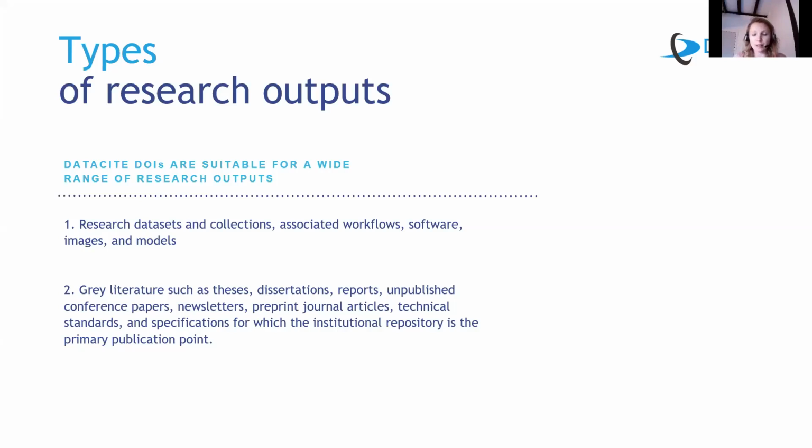We started from data sets, but organizations also assign DOIs to collections, workflows, software, but also to different kinds of gray literature, such as theses, dissertations, reports, newsletters, preprints. So you really can use persistent identifiers for many kinds of research outputs.